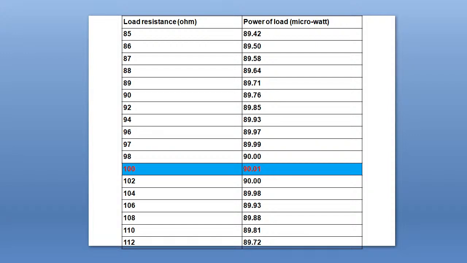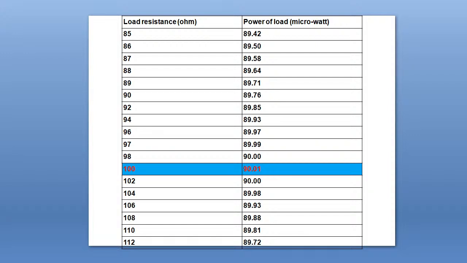You can note down the load power from the virtual lab experiment setup. At the bottom of the circuit diagram there is a section from where you can get the values of load resistance, load power and efficiency for different values of load resistance.